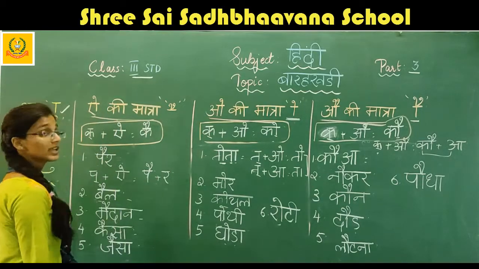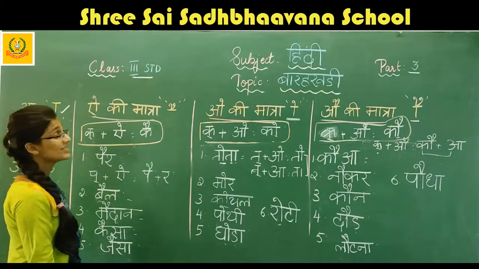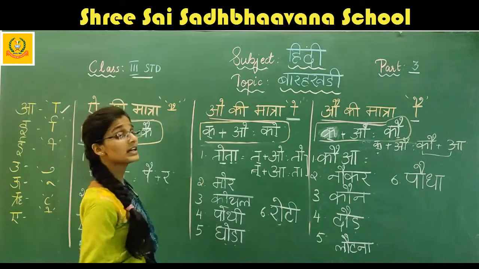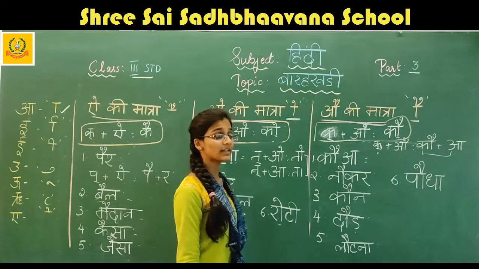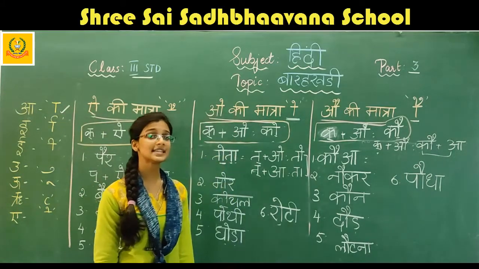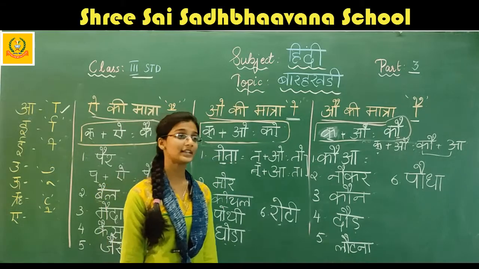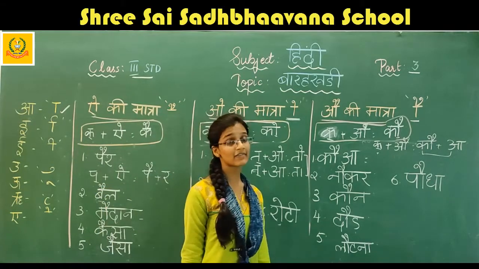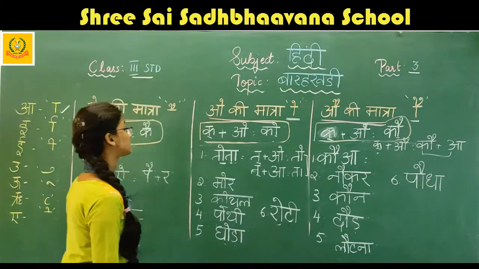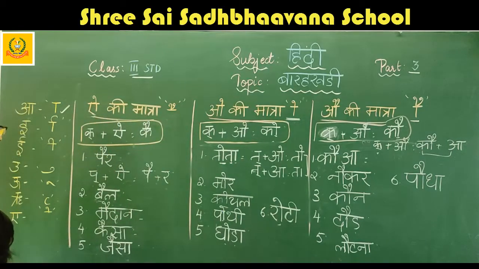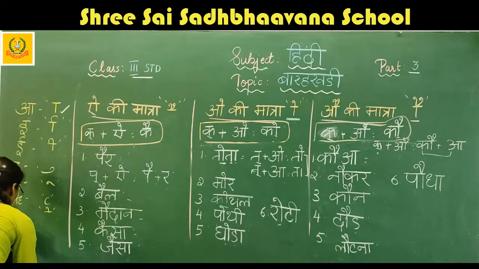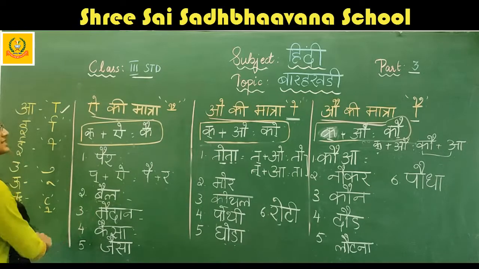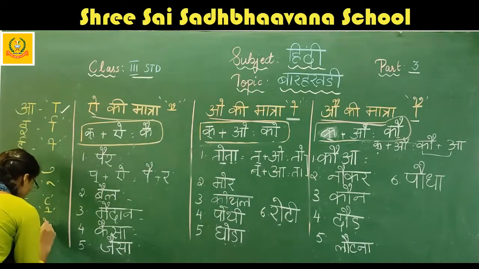So we saw I ki matra, then we saw o ki matra, then we saw au ki matra. So children, now let us see the rest of the matras. So how many matras are left now? We finish A, I, see the symbol? Yes, this is the symbol.